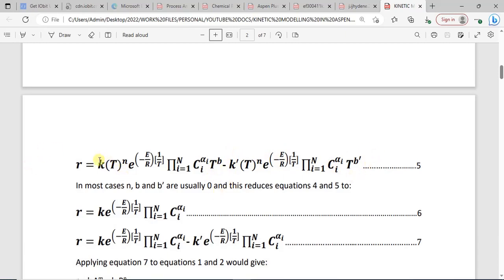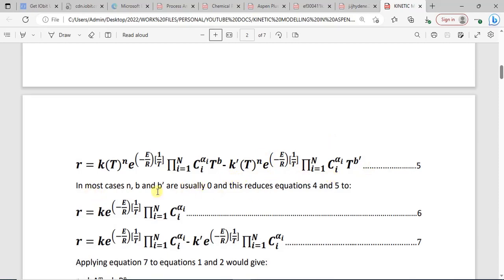So the first part of it is for the forward reaction, while the second part is for the backward reaction. So you see you have K, and here you have K prime. K is the same as Kf, which is the rate constant of the forward reaction, and K prime is also Kb, which is the rate constant of the backward reaction, right? So basically this is how all of this works, right?